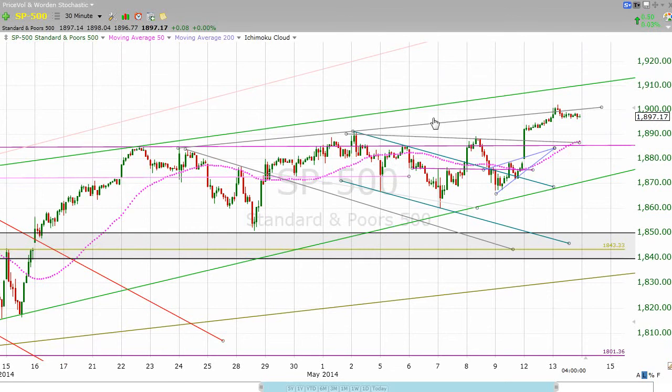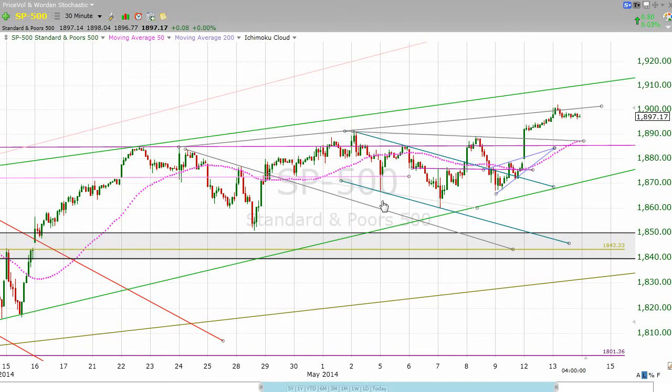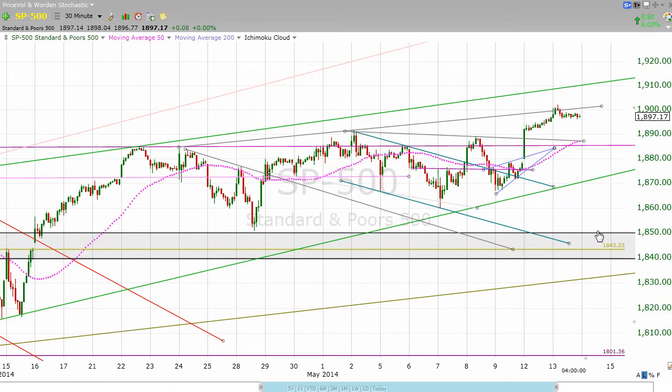So we could also possibly look at this line. Excuse me, let me move that. This line right here could also be a support line that could end up getting backtested, but that is so close to that 1884, 1885, it doesn't make much difference, frankly.